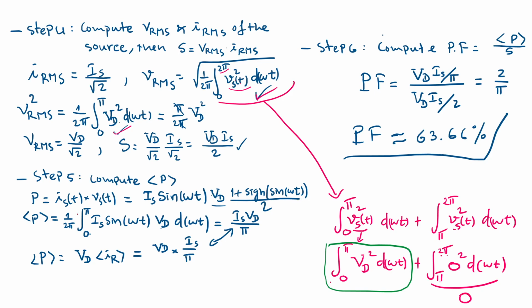When you apply the integral over a period of 2 pi, because VD exists only from 0 to pi, you only need to integrate from 0 to pi. Then finally you get this value, and the real power is this term. The power factor is the ratio between real power and apparent power, and finally you get this: just 33.66%.